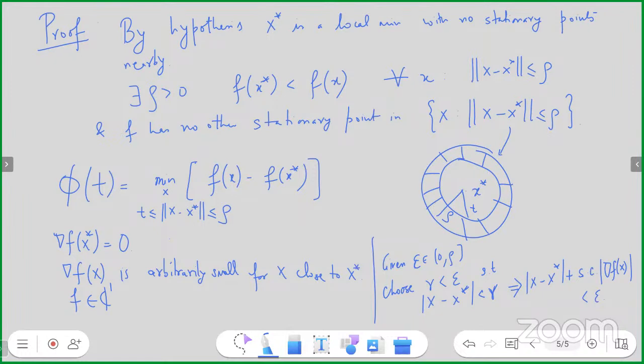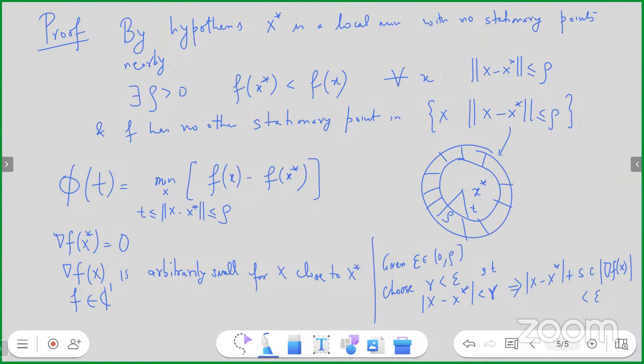I'm claiming that, and the question is, why does such a choice exist? I'm choosing r less than epsilon such that whenever x minus x star is less than r, the implication holds. I at least have to convince you that it is not a vacuous statement. Question is, why can I do that?